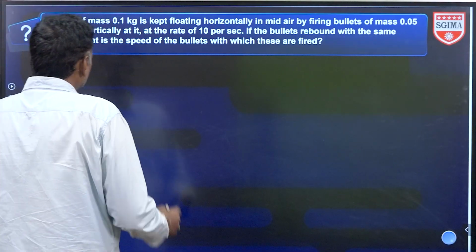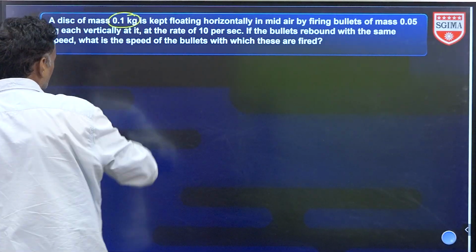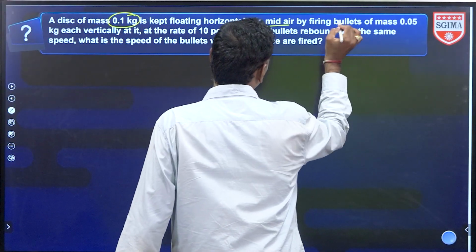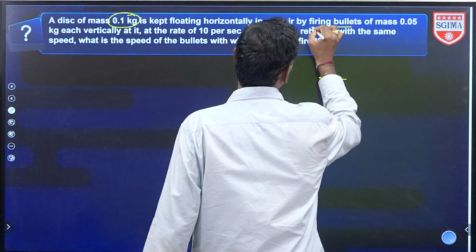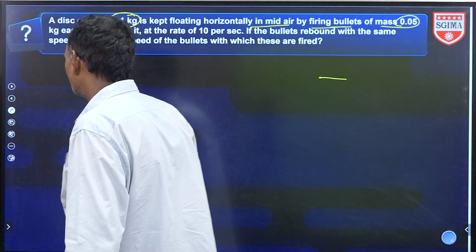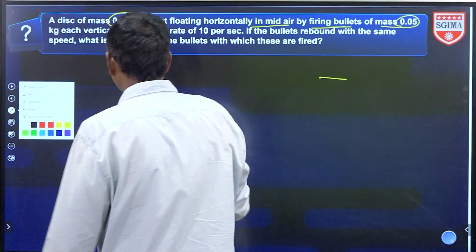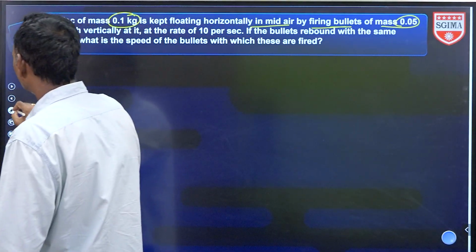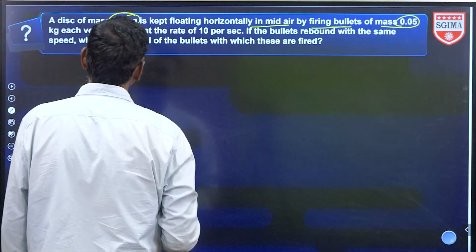A disc of mass 0.1 kg is kept floating horizontally in mid-air by firing bullets of mass 0.05 kg each. Each bullet is 0.05 kg, fired with a gun onto the plate.